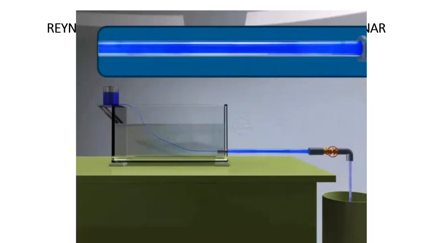So from this video, we have seen the pattern of flow in laminar condition, turbulent flow and transition flow. Okay, so we will have a quick revision. When the flow is steady, the dye line will remain a straight line along the entire length of the glass tube.